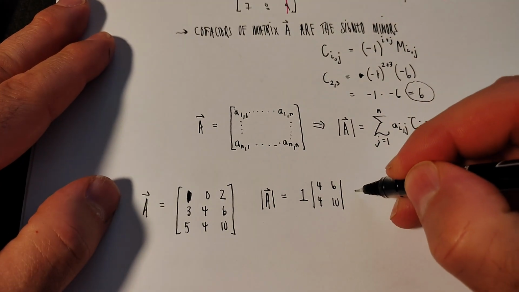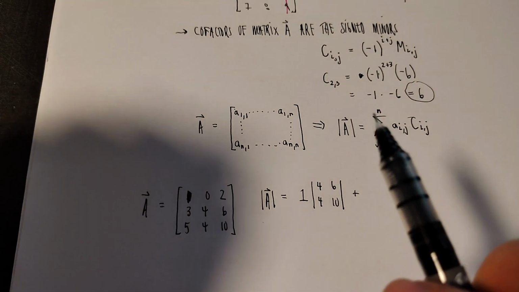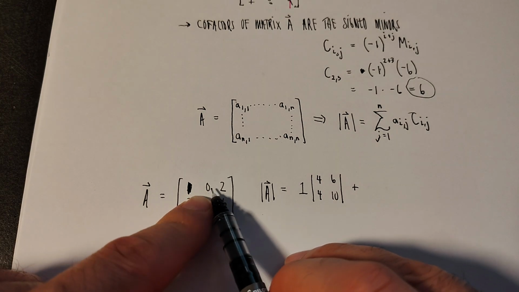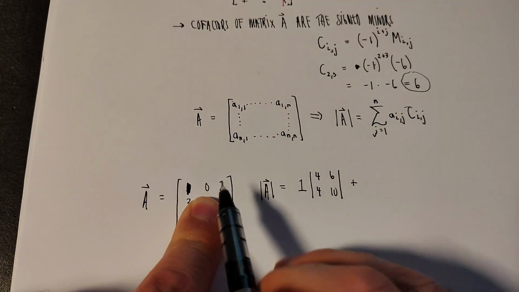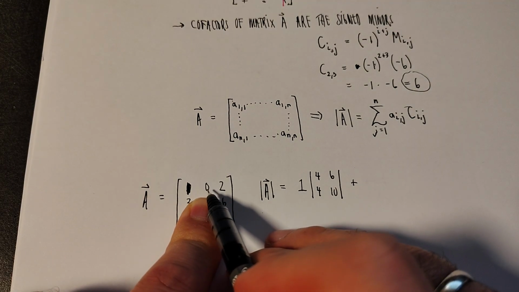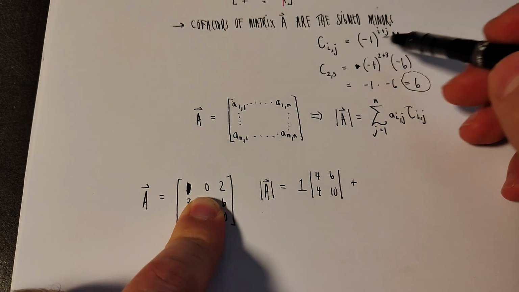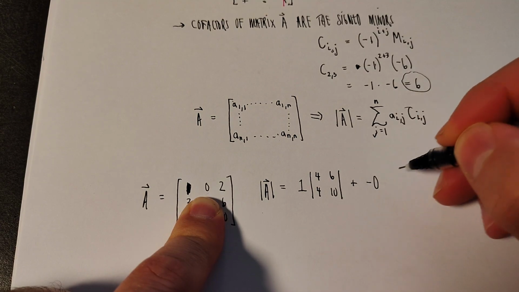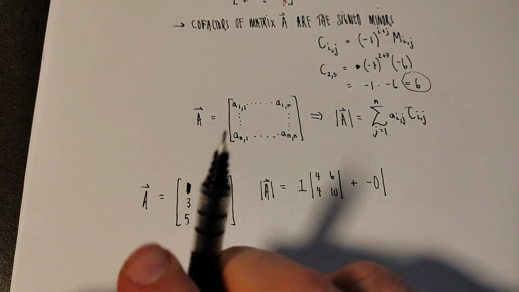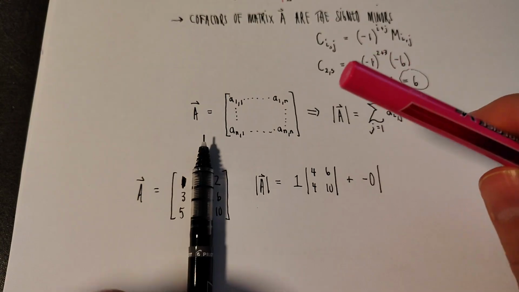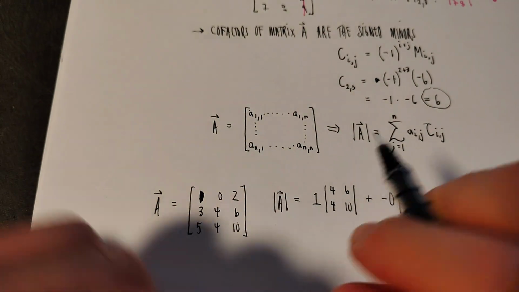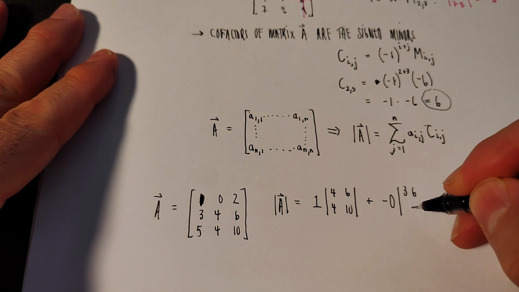And then we add the next cofactor. But again, what's a cofactor? It's a signed minor. So here, this is entry 1, 2. So i is equal to 1, j is equal to 2. We have to multiply that by a negative 1. So this is going to be negative 0. So it's going to be plus a negative 0 times the determinant of, again, we have to get rid of that column and the top row. So it's 3, 6, 5, 10.